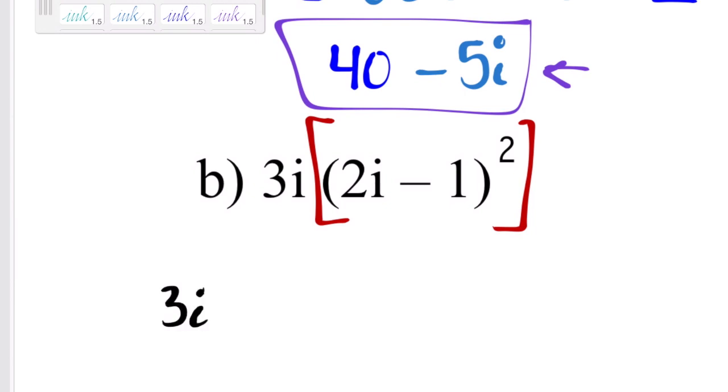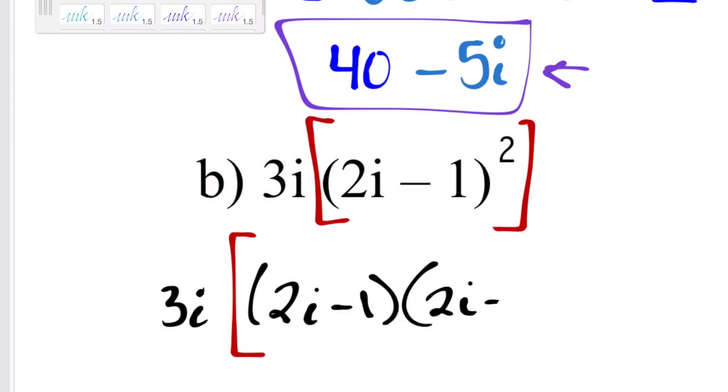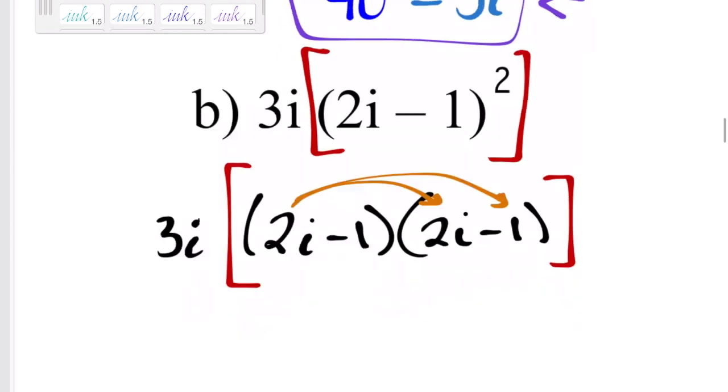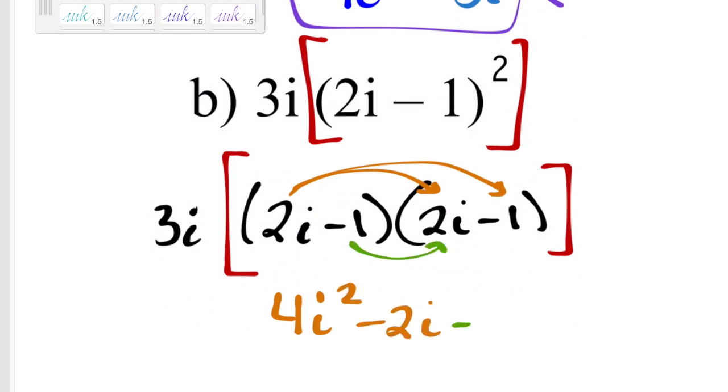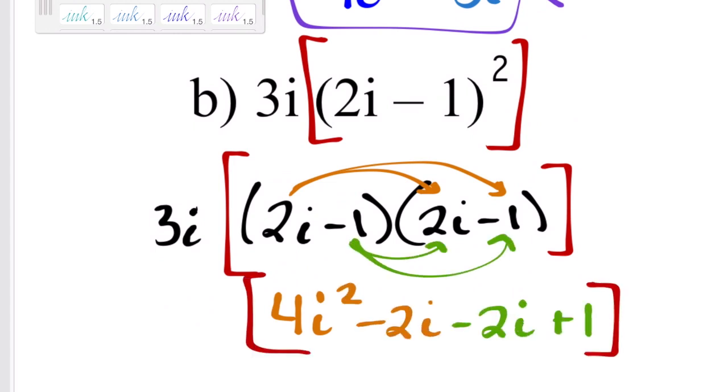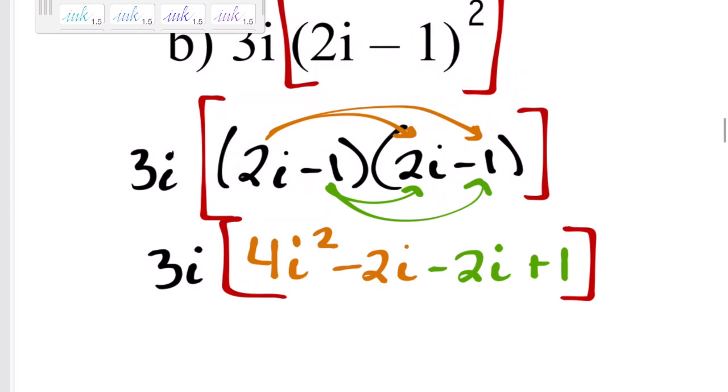So I know with that squared, I'm writing it twice. And then I'm going to do my distribution. Next, I want to simplify. Again, changing my i squared to a -1.